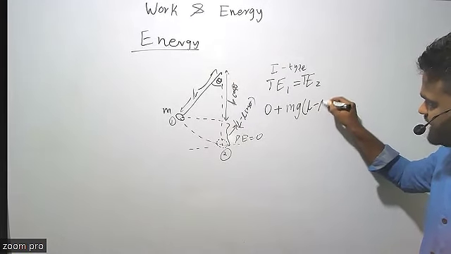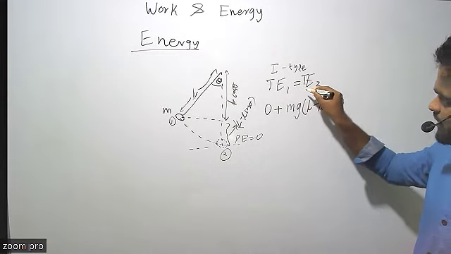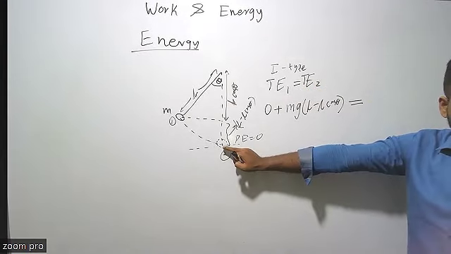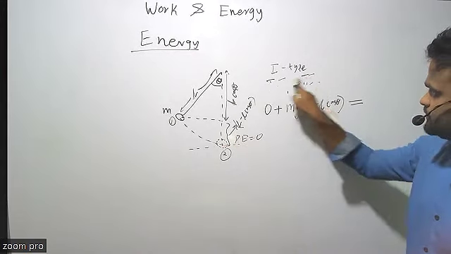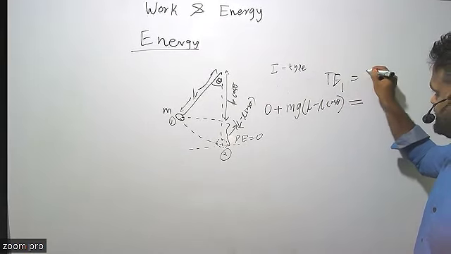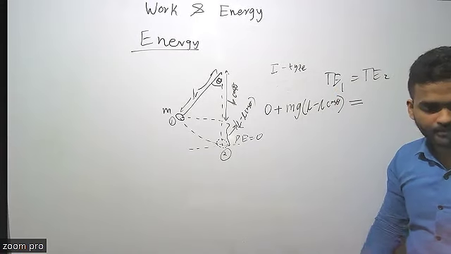L minus L cos theta. This is TE1. Then TE2. This side is state 1, the other side is state 2. State 1 energy equals state 2 energy.